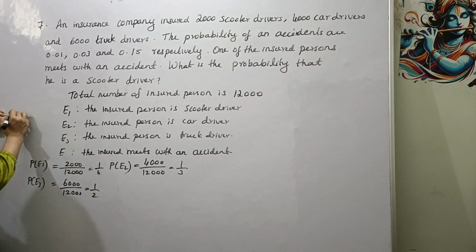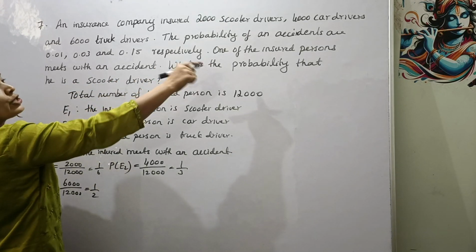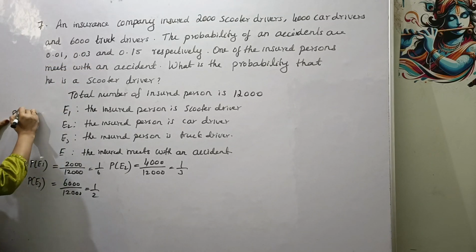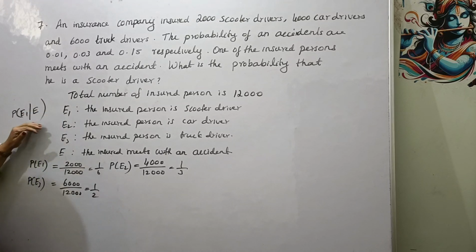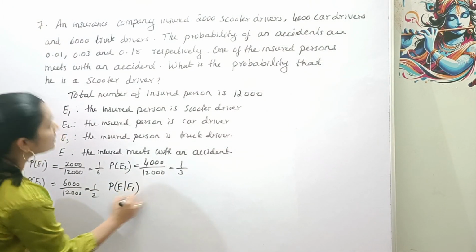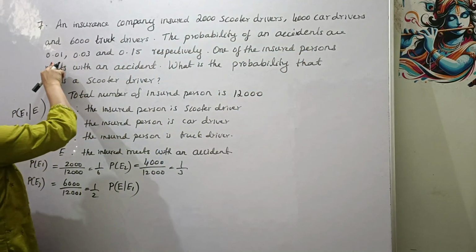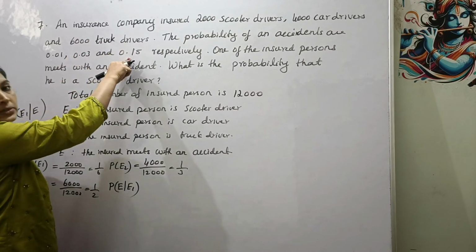What we have to find? We have to find the probability of scooter driver given that the insured person meets with an accident. Right? So probability of E1 given E. So here also we will apply Bayes theorem. For that, let's find the probability of E given E1. That is given, right? Yes. See here, the probabilities of accidents are for scooter drivers, car drivers and truck drivers.